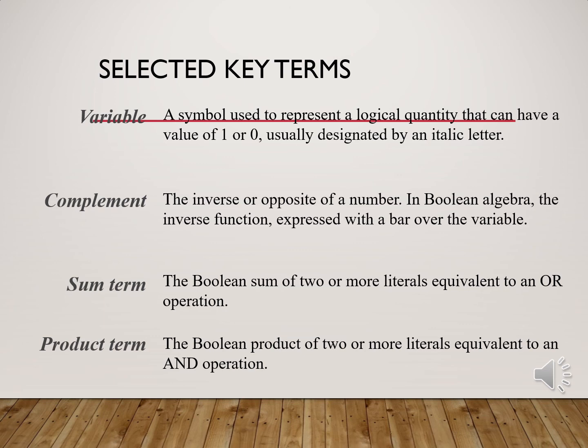And if it is a complement, you will represent it as a bar over the variable. Then sum term, the Boolean sum of two or more terms, is equivalent to an OR operation. And then product term is equivalent to an AND operation, because the AND gate does a product and the OR gate does a sum. So it is equivalent to OR and AND operations, the product and the sum term.